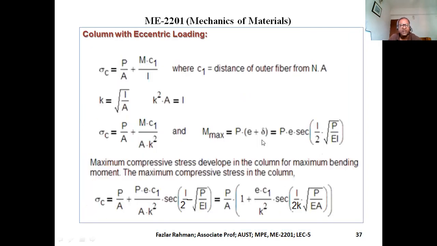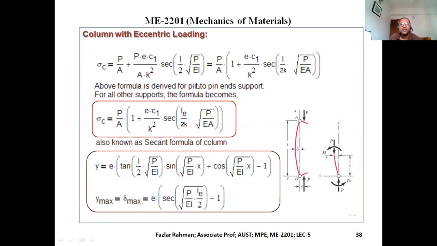So for that reason, instead of L over here, we put LE, because LE equals L by root C, where C is the end condition. So when you put LE, you can use this equation for any end condition.